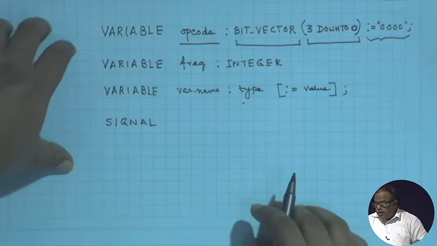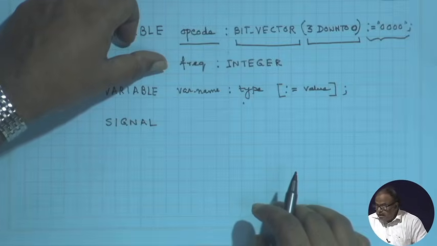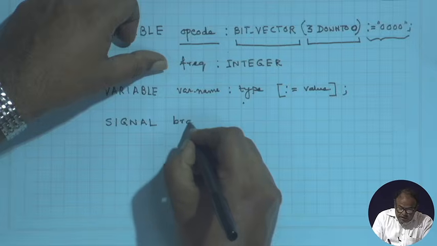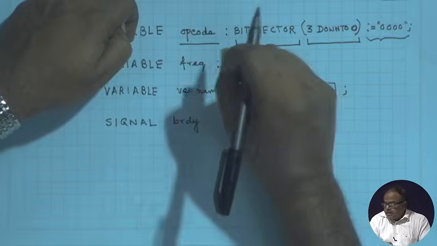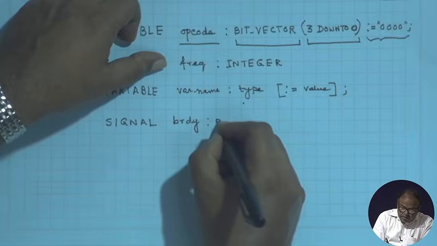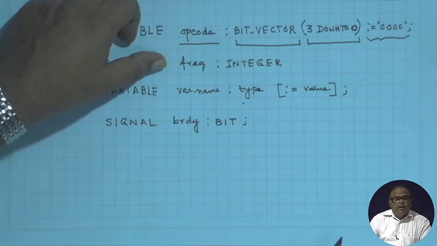For that the keyword is signal, and say I have a signal bus ready, BRDY is a bus ready signal, and that is a bit. All right.